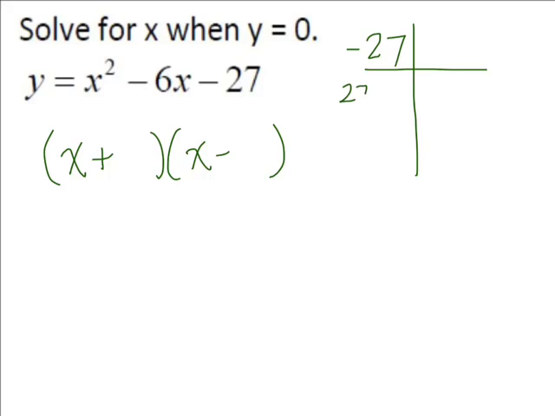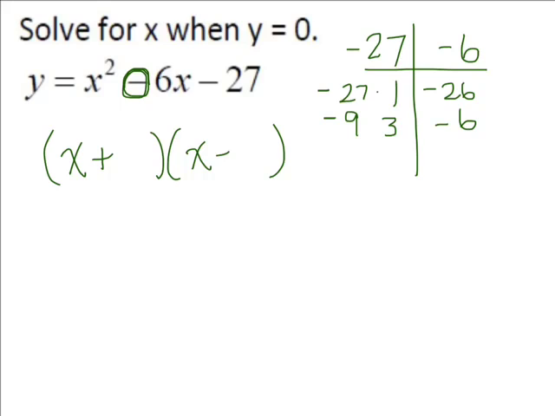I got 27 and 1, 9 and 3, and that's it. The middle term right here tells us which one is negative, and it's going to be the bigger number. So we're actually going to subtract these. We get negative 26 and we get negative 6.